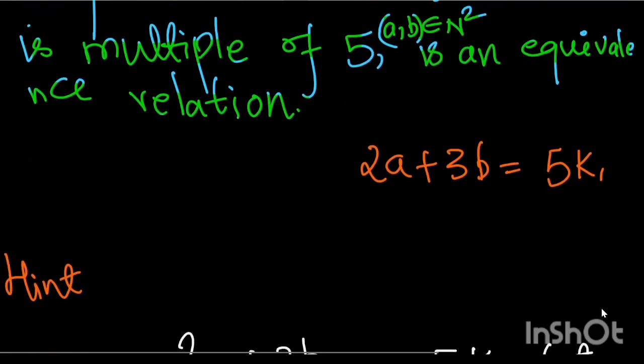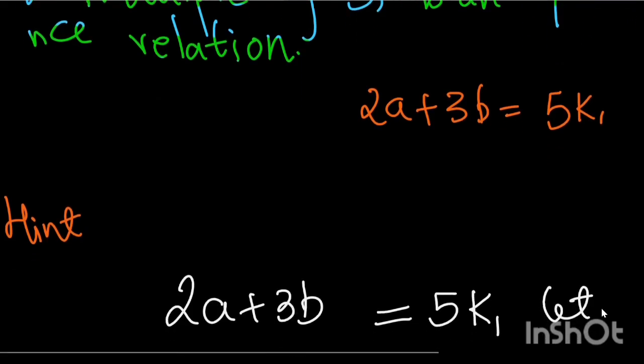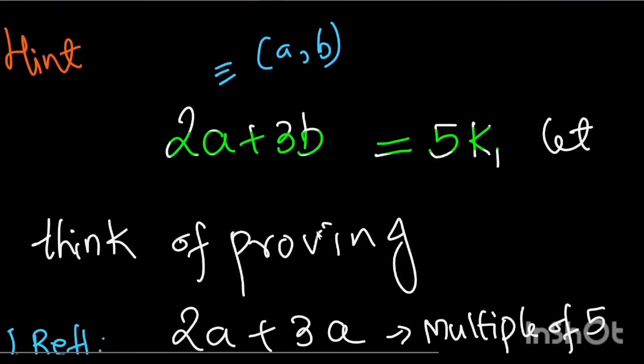So the hint means understanding the problem will pave the approach towards solving it. If we assume 2a plus 3b as 5k1, then 2a plus 3b is equivalent to (a, b).